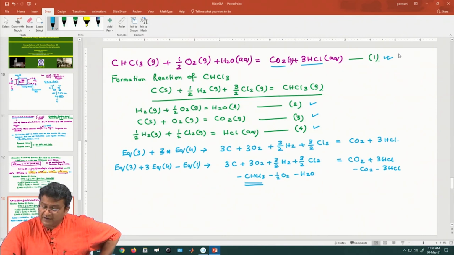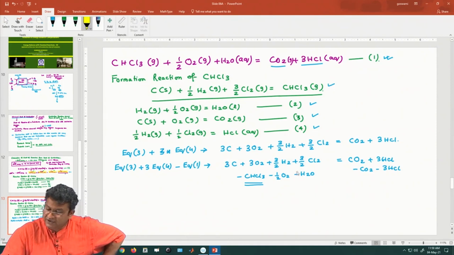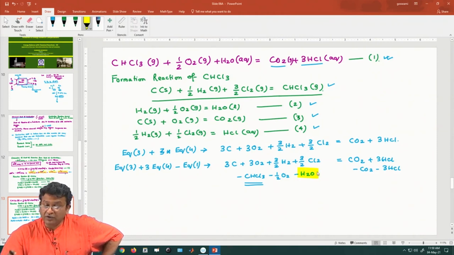So, you now see that you already have chloroform. Definitely chloroform is going to be on the right hand side, right, but what you also observe is that in this composite equation you actually have water sitting over there. So, you need to eliminate this water because water is not there in the formation reaction of chloroform, right.